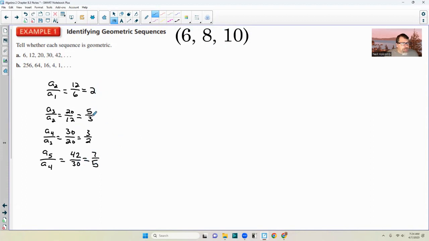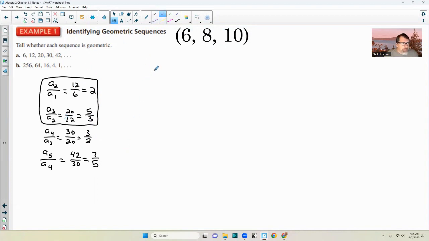So we got 2, 5 thirds, 3 halves, 7 fifths. There is no common ratio r. Therefore, this is not a geometric sequence. Okay, they are not constant. So really, all you have to do to determine if one is not is to find one that is different than the other. So I could have stopped right there after 2.